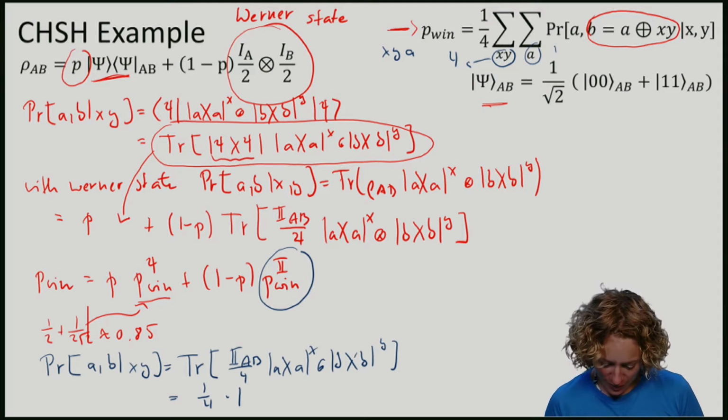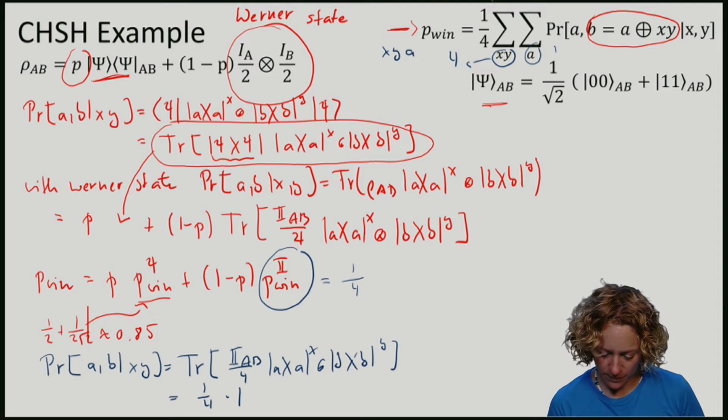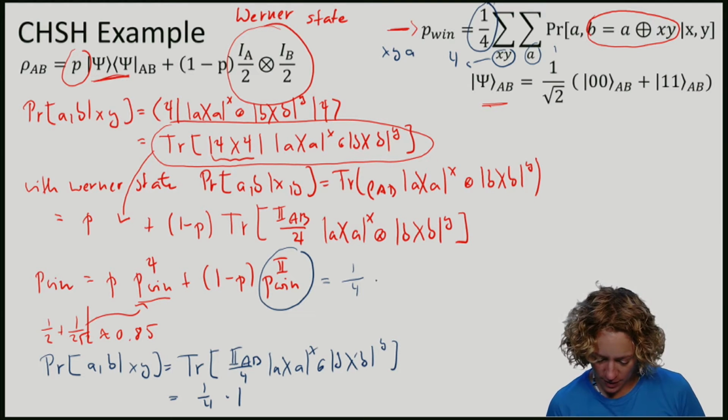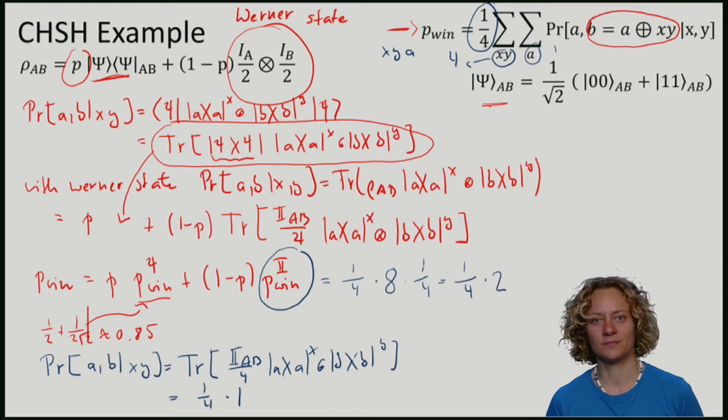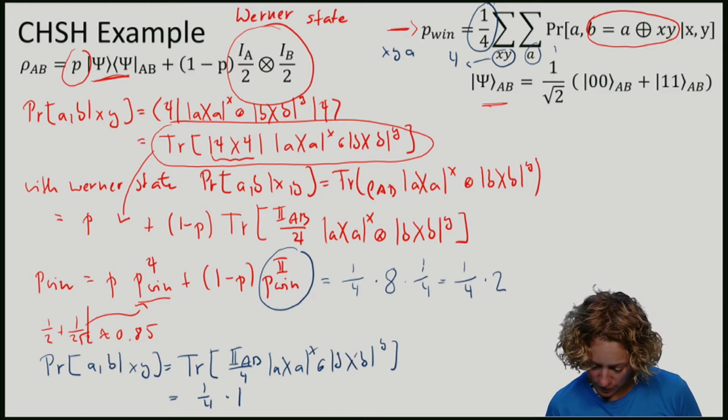So for the maximally mixed state, we keep the 1 over 4 from out here, and now I have 8 terms, which are like 1 over 4. So this is 1 over 4 times 2, or if you want, a half.